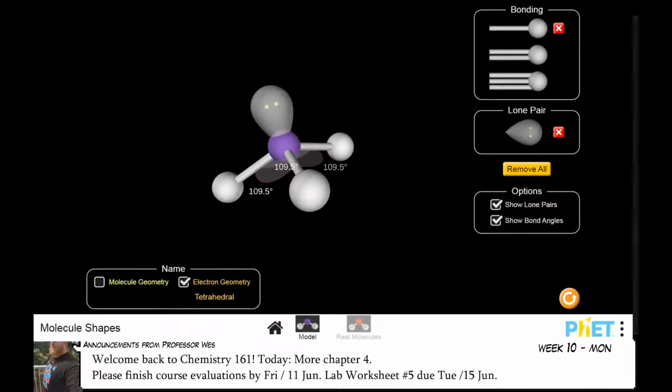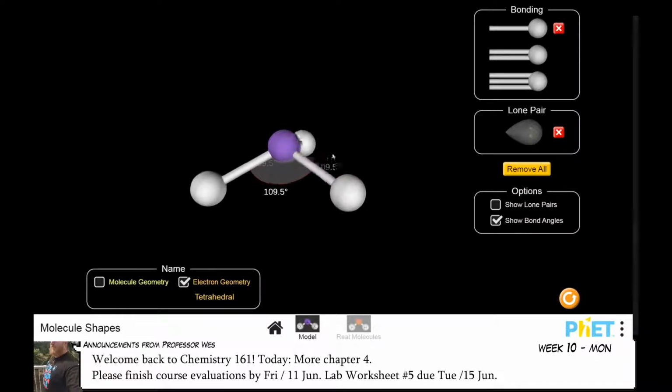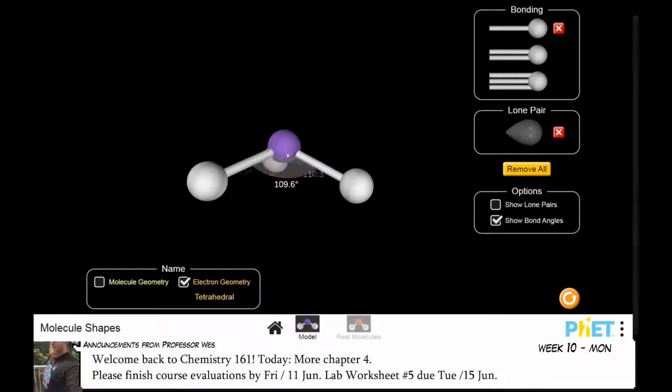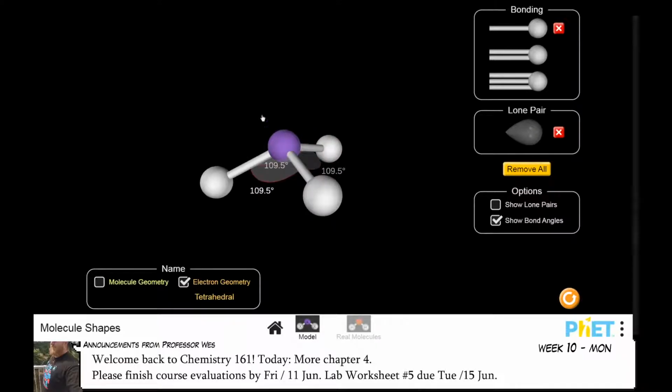But electrons are supposed to be really tiny things, especially relative to the entire atom. So if we go like this, this is more akin to what we would actually see, because the electrons exert a force, but they're very small. And when I look at my molecule like this, it doesn't really look like a tetrahedron anymore, does it? That's because the influence of the electron pair is there, but it's tiny, so it's not easy to see it.